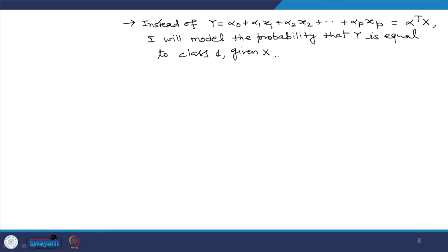So, let me denote it like this: probability p of x is just p of y equals 1 for given x.